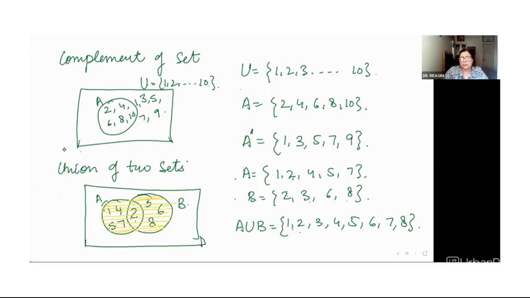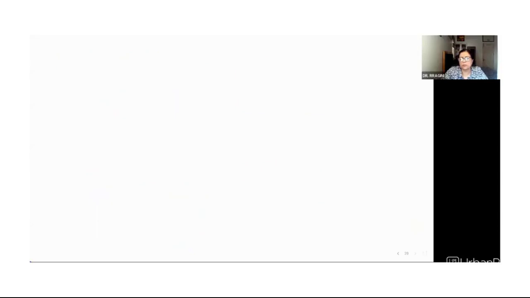Now the next thing is, what is A intersection B? Intersection of two sets on the Venn diagram, right? So I'm again taking U as 1, 2, 3 up to 10.